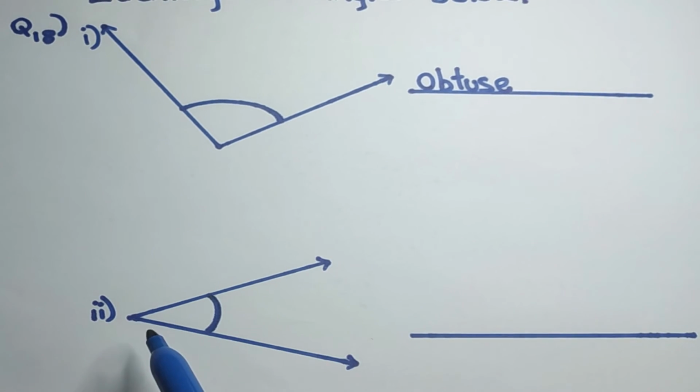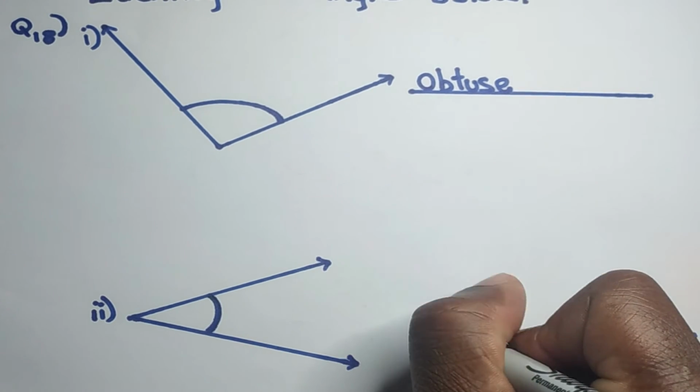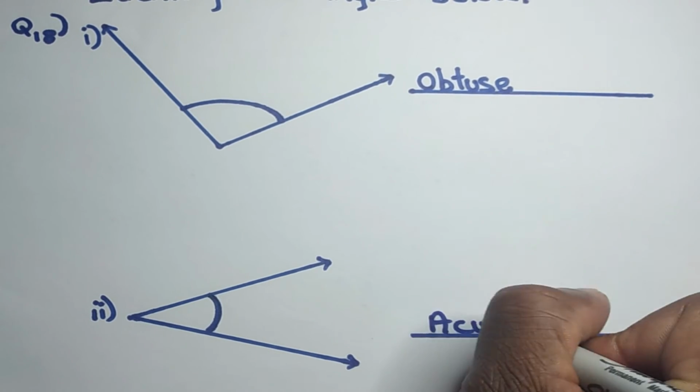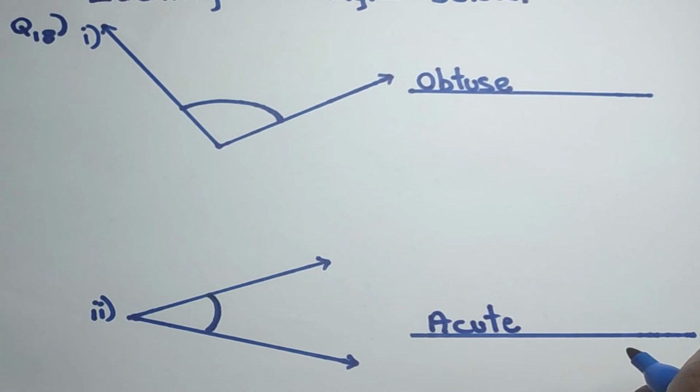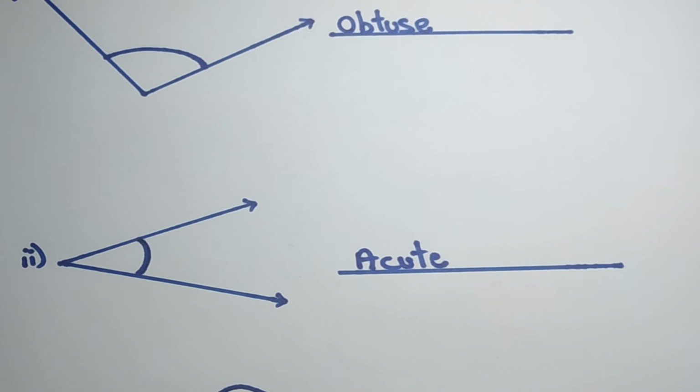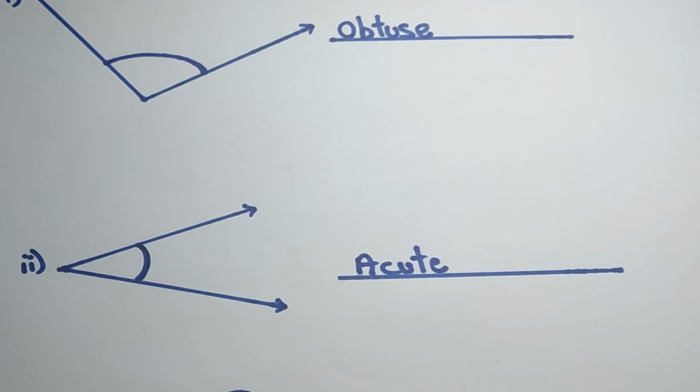Now, let's look at part 2 of question 18. Of course, this is an acute angle. What are acute angles? Acute angles are angles that are greater than 0 but less than 90 degrees, alright? So that's pretty much what an acute angle is.